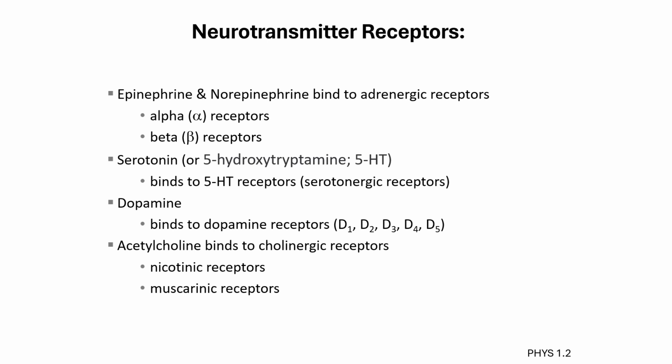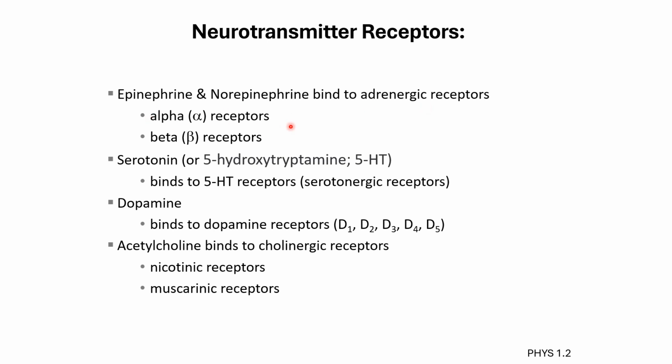The last thing I have for you here is to reinforce that the different types of neurotransmitters will bind to specific receptors. And depending on the type of neurotransmitter will cause a specific type of receptor and the following response to the cell. So it's important that you understand, for example, that these neurotransmitters, epinephrine and norepinephrine, are called catecholamines, and they bind to adrenergic receptors.